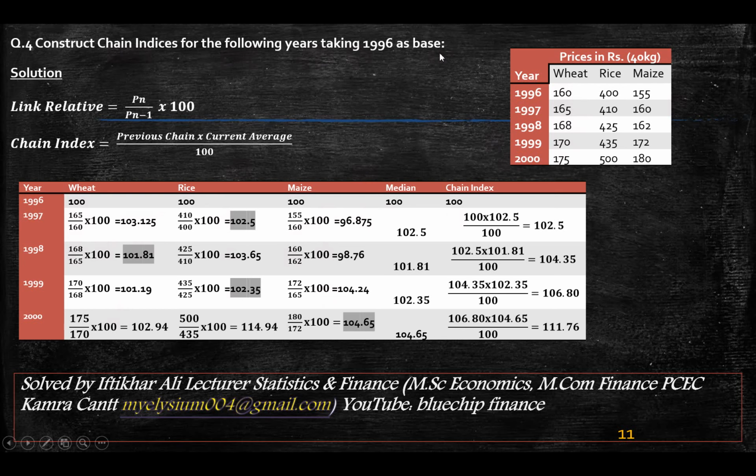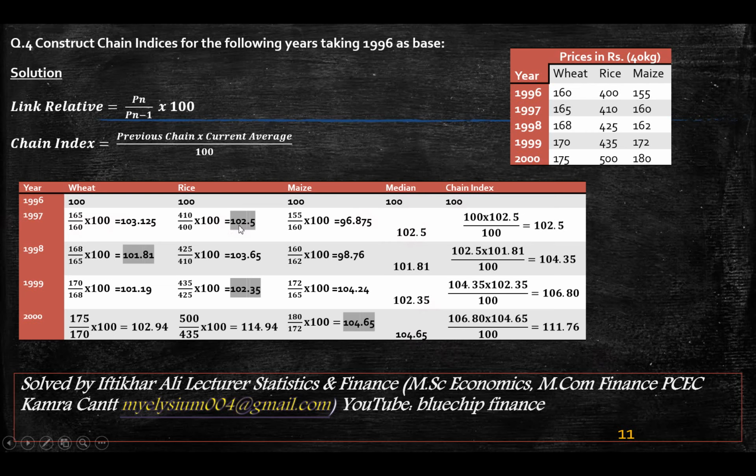Sometimes it is required in the question, but here it is not mentioned what type of average is needed. So we just calculate the average according to our own will. We are going to calculate the median here. Median for 1996 is 100.